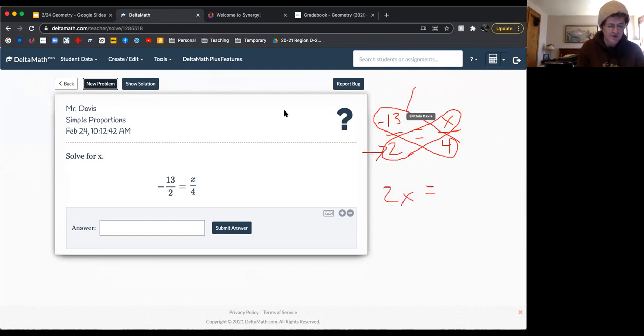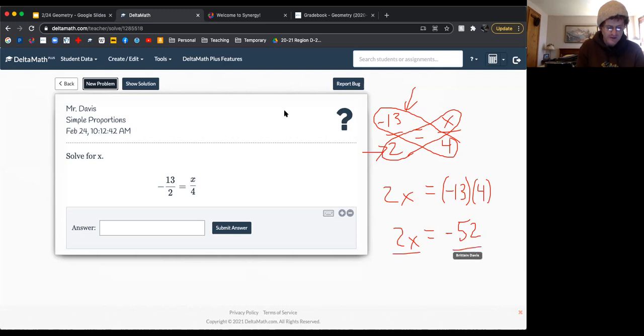If I do this one next, it's going to be -13 times 4. So that's going to be 2x still over here, but -13 times 4, plug that in your calculator or just do it by hand, whatever you prefer. You should get -52. You should have your calculator handy, and you can confirm that's true.